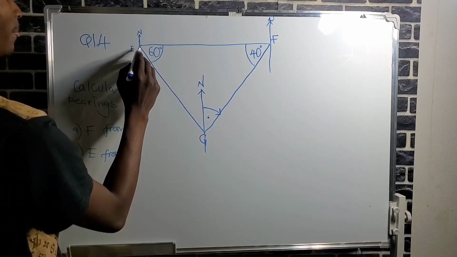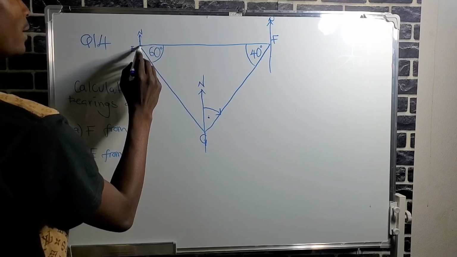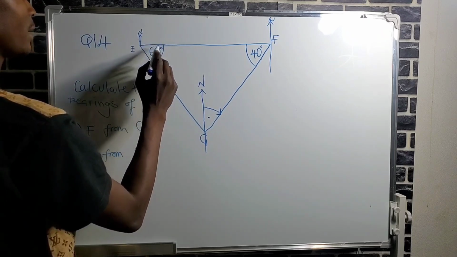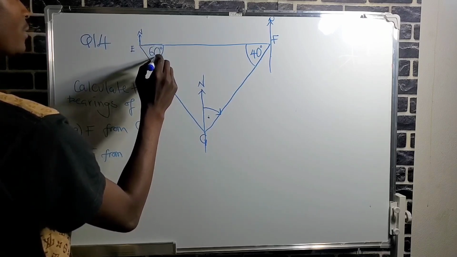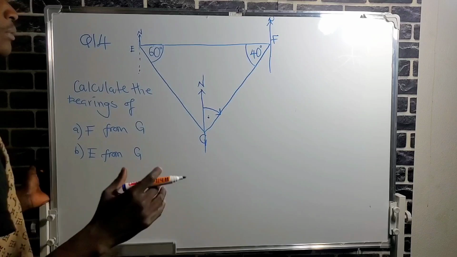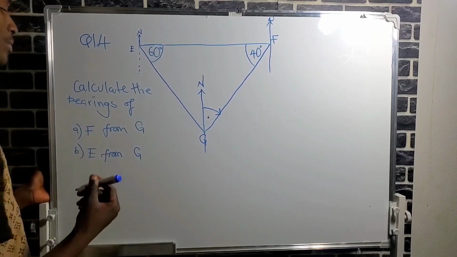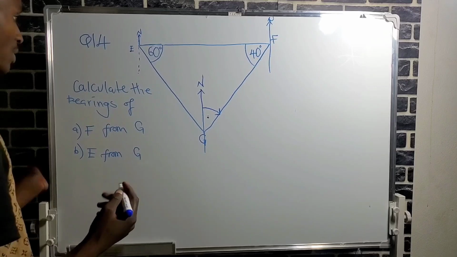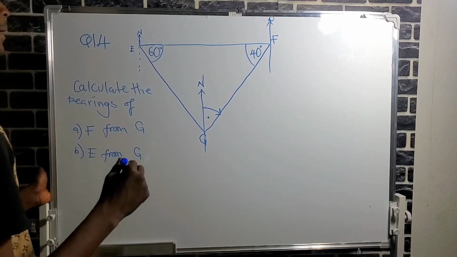Since we know that this is a straight line, and you have 60 here. Oh, by the way, there are a lot of ways you can use to solve bearings. So you choose whichever is best for you.